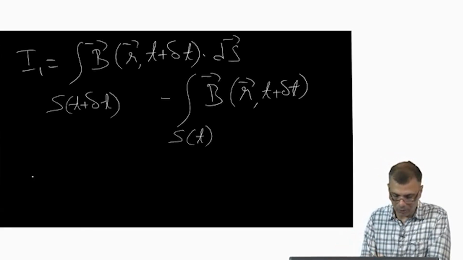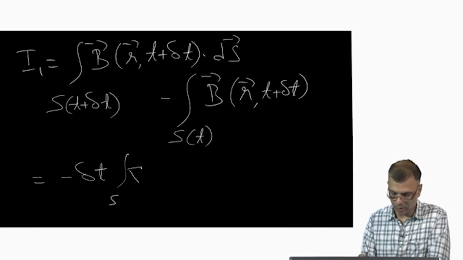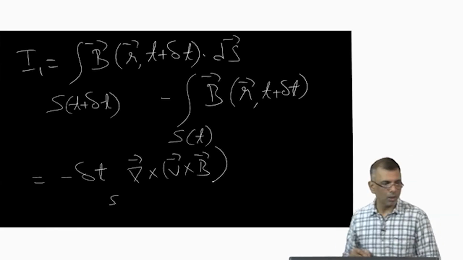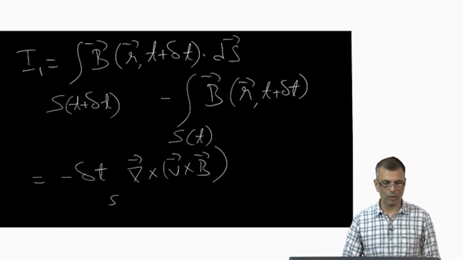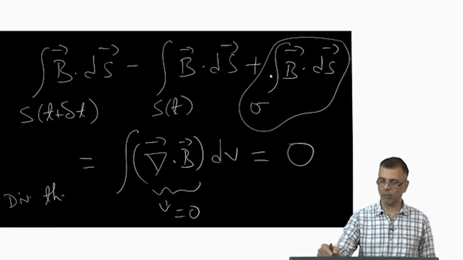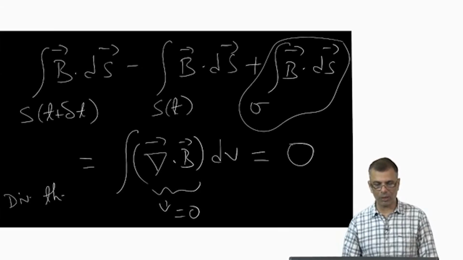And this is equal to minus delta t curl of V cross B. This comes from here, of course. It actually comes from here and here. So what we did was we identified that this B dot ds is equal to this quantity.